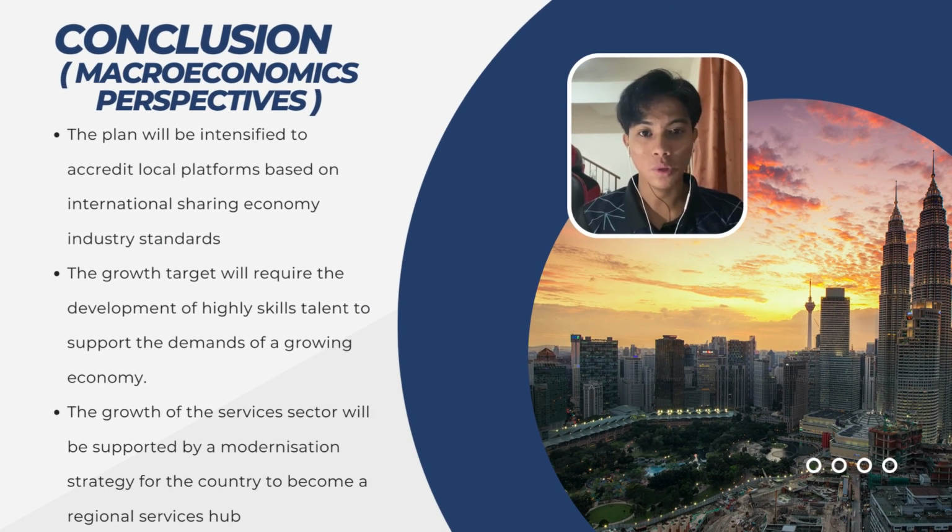So now, I want to conclude how the 11th RMK and 12th RMK will affect our country from macroeconomic perspectives. Firstly, the plan will be intensified to accredit local platforms based on international sharing economy industry standards to secure the safety of platform providers, staff and users. A regulatory framework is being created.